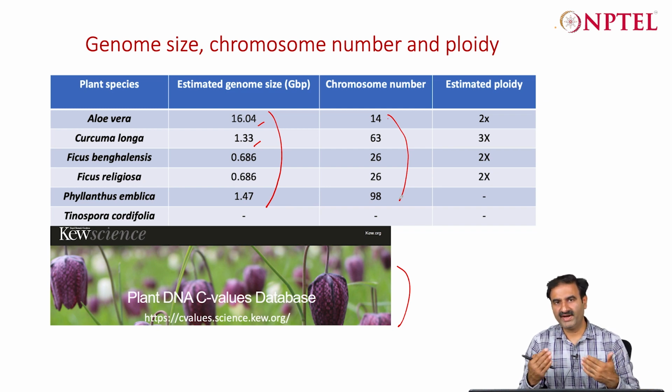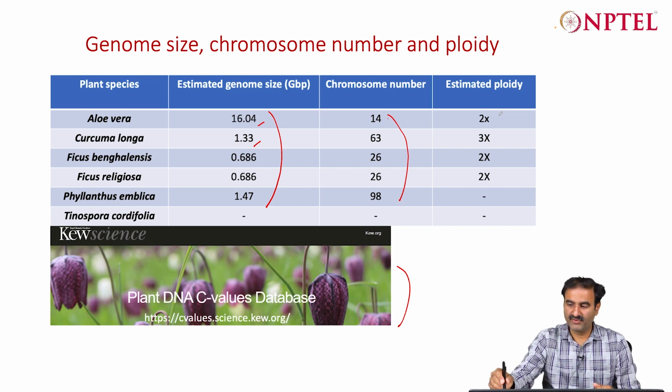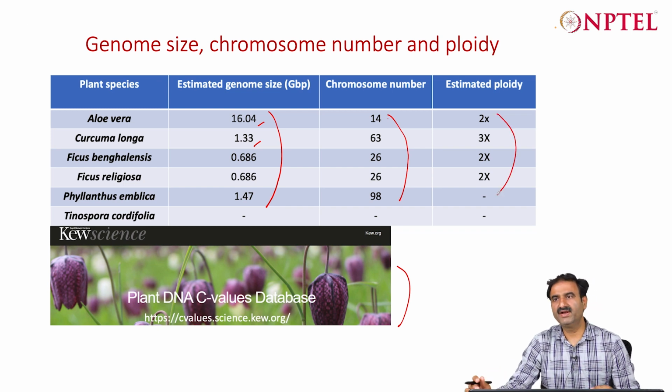Okay, although if you find a match between the two, that is a perfect situation. Otherwise you should be ready to defend that the value that you have got is fine. Okay, and of course the ploidy level, because that will be helpful in estimating how much coverage of the genome you should do by sequencing, and also to handle the later complications in the analysis part.